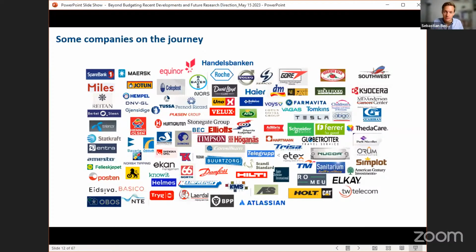So here are some logos of firms that are claiming that they are a Beyond Budgeting organization, that they're sort of on the journey, right? I'm not sure if you recognize any patterns here. Do you think this is maybe only good for some companies and not for others?